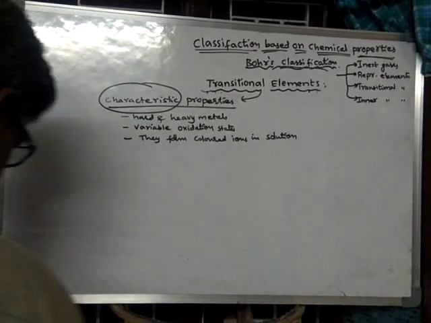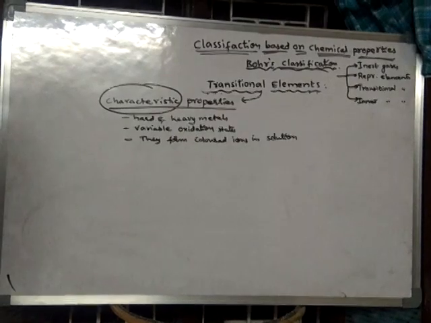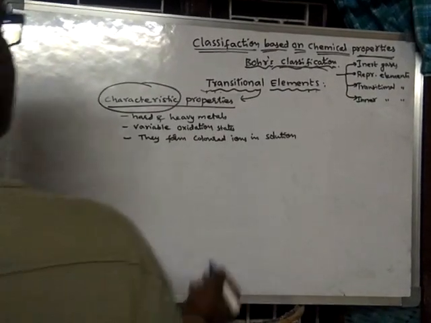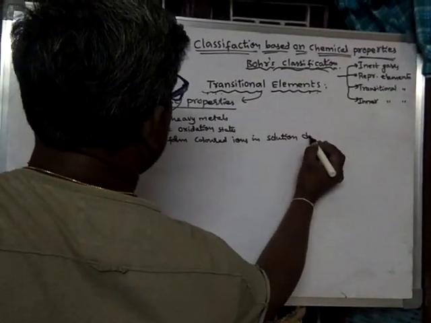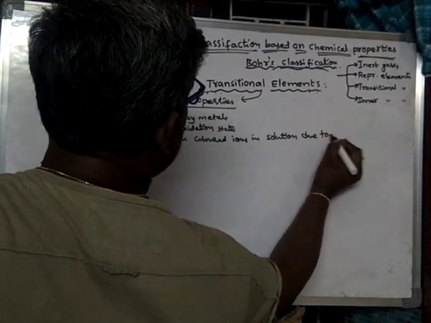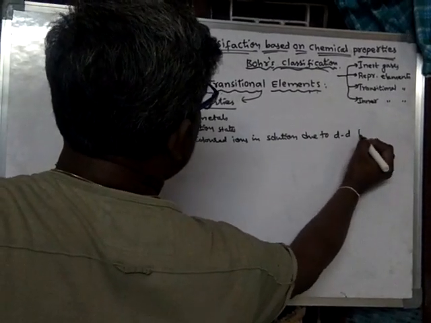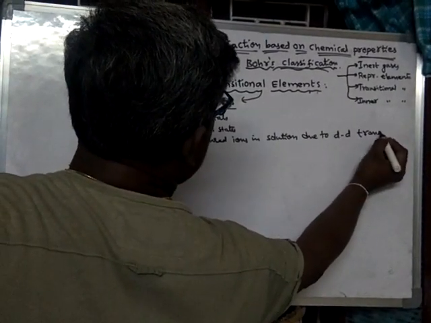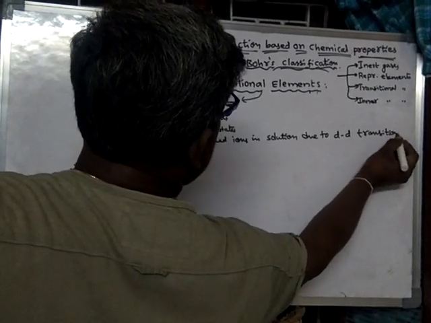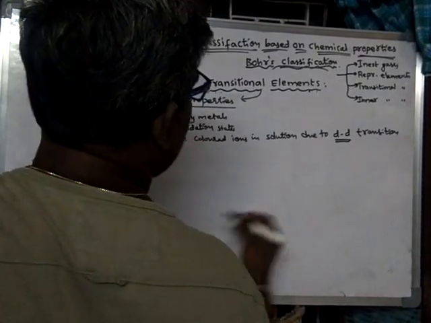They form colored ions in solutions because of d-d transition. What is d-d transition?